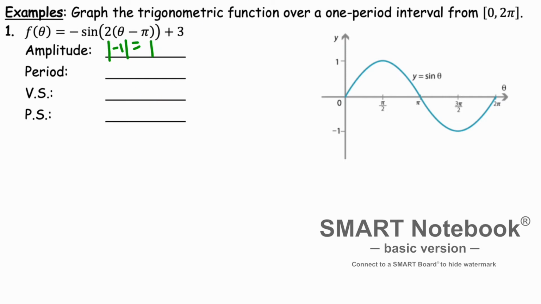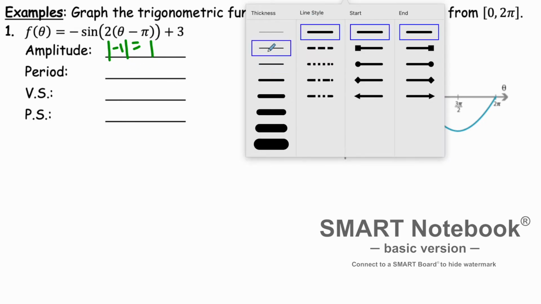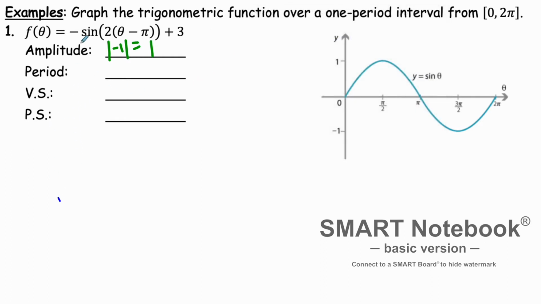All right, then I'm going to do the period, which I will do in blue. Remember, to find the period, we do 2 pi divided by the absolute value of b, which b in this case is 2.